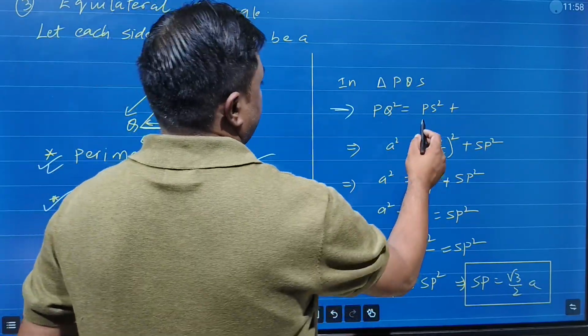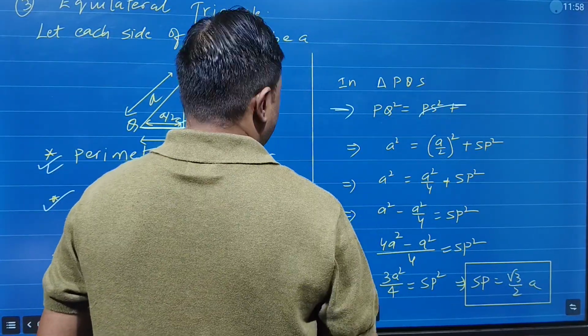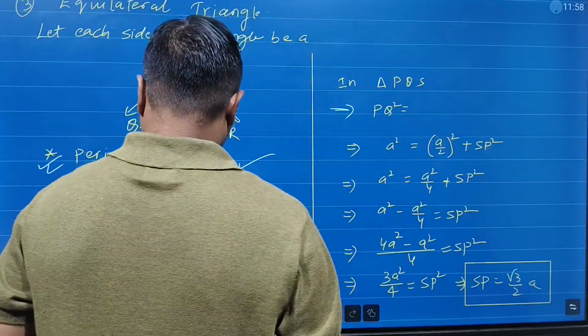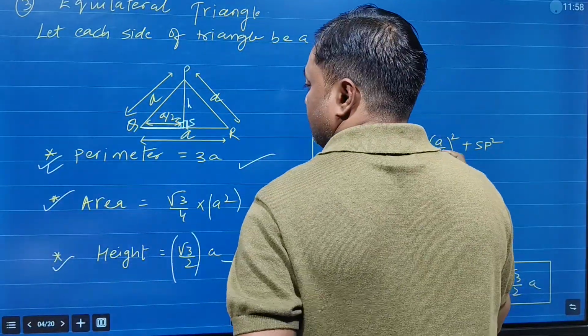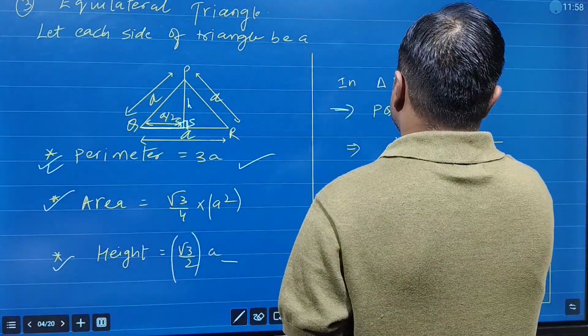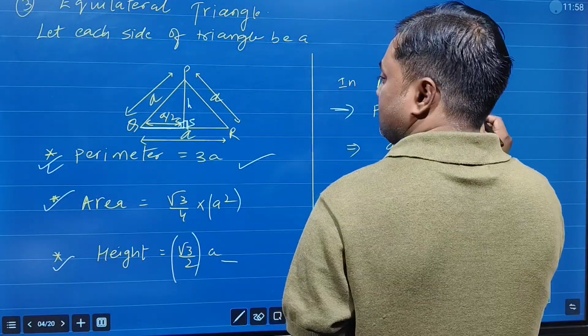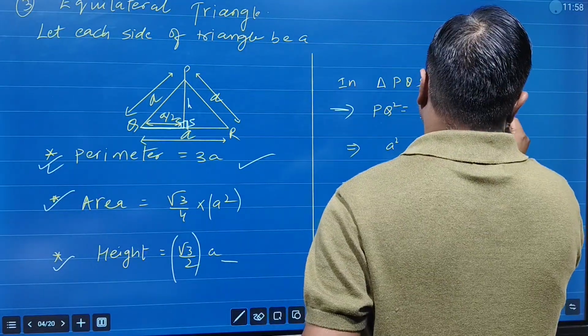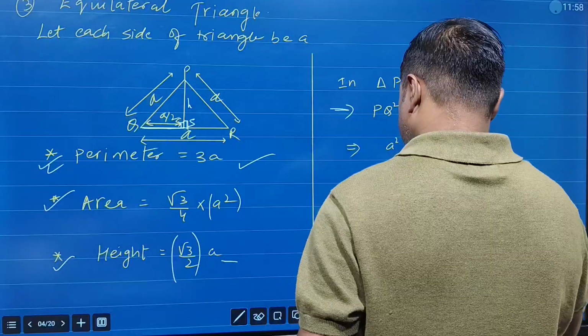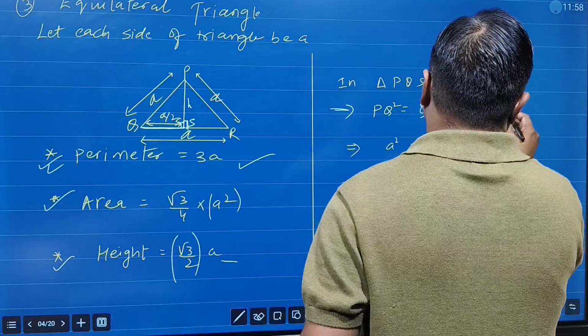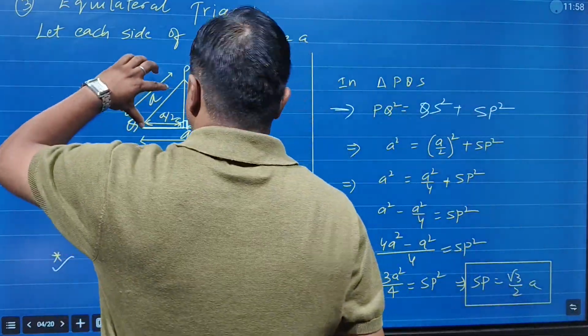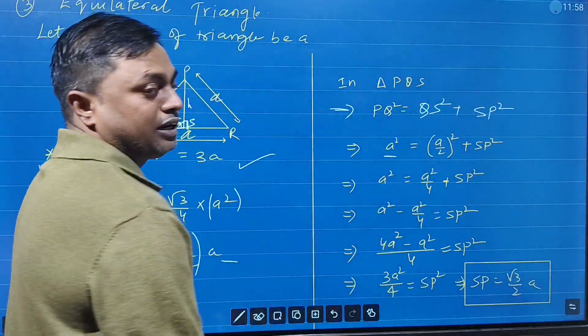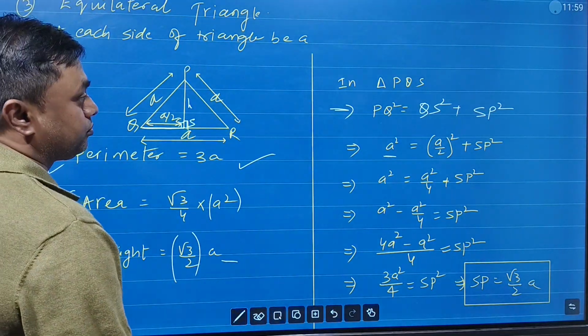So PQ square, that is the hypotenuse square, is equal to QS square plus PS square. Now what is PQ? PQ value is A. So it is A square.